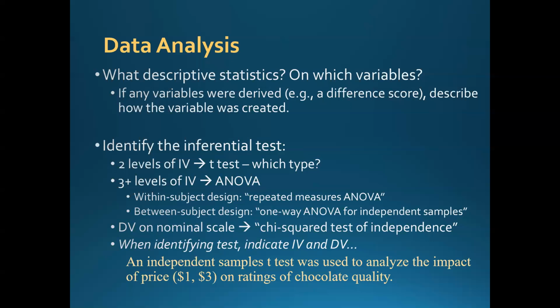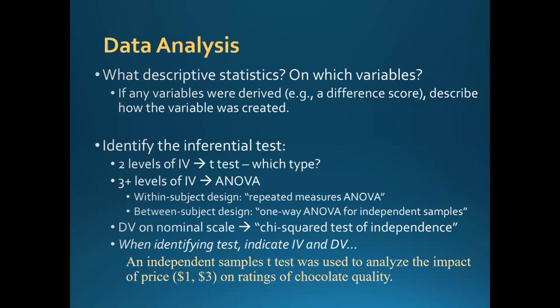And then every paragraph should have a sentence that looks somewhat similar to this one below. An independent samples t-test, or if you're going to be running a dependent samples t-test, you would say that, was used to analyze the impact of your independent variable. So right here, it looks like it's price on your dependent variable, on these ratings of chocolate quality.